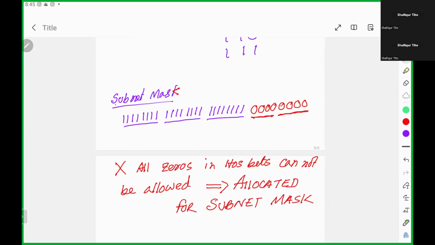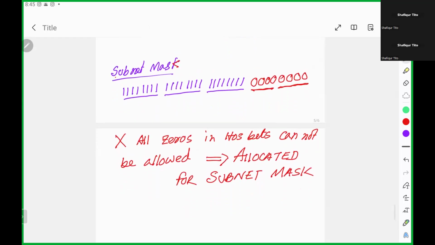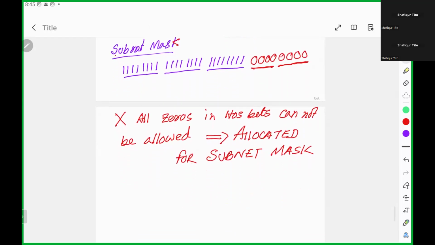Okay. The other one is the broadcast address. So for a LAN, we need to have a broadcast address. So we need another one for the broadcast address.